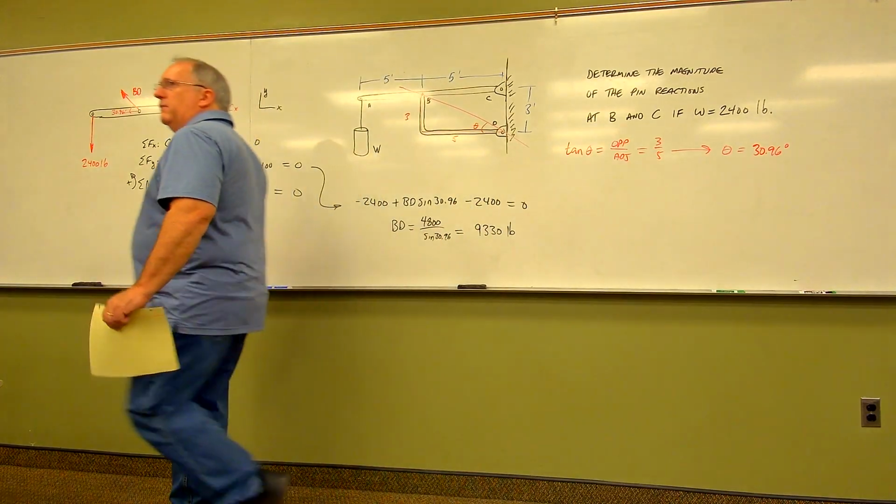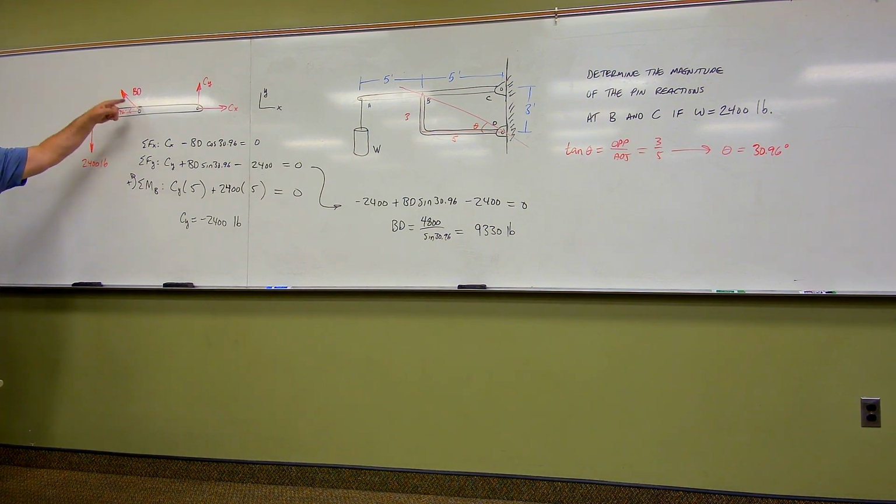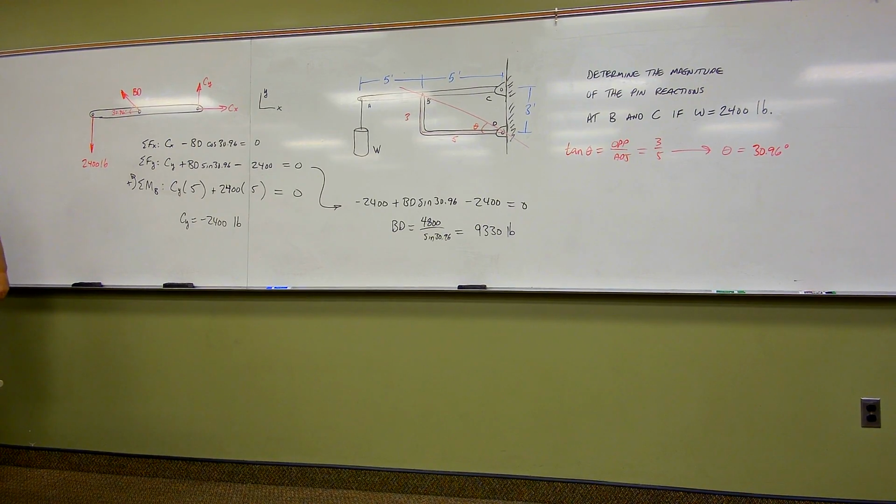And very importantly, folks, that one worked out to be positive, which is no surprise. Before we ever went into the math, we already surmised that BD had to be pointing that way because it's the reaction to what would otherwise be a compressive force on BD. So we thought the directionality was right, and our math has confirmed that for us. So now we got that one.